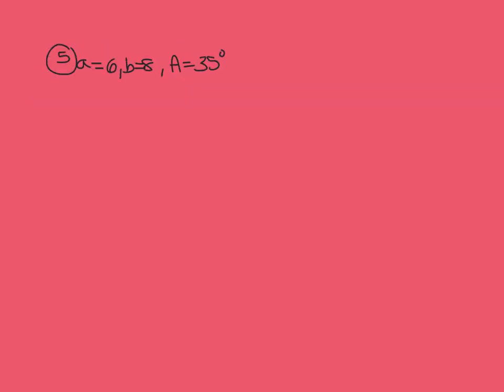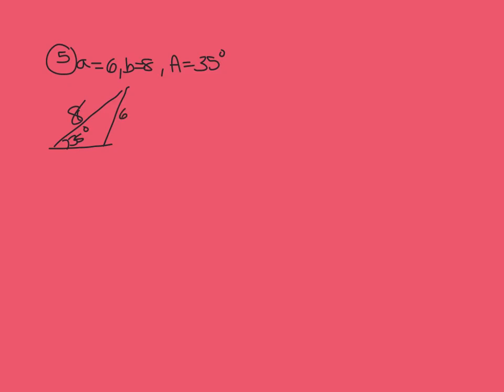So this last example is kind of a weird one because there's actually 2 ways that you can draw this triangle. So first of all, I'm just going to show you what it can look like. The first thing that you can get is something that looks like that.